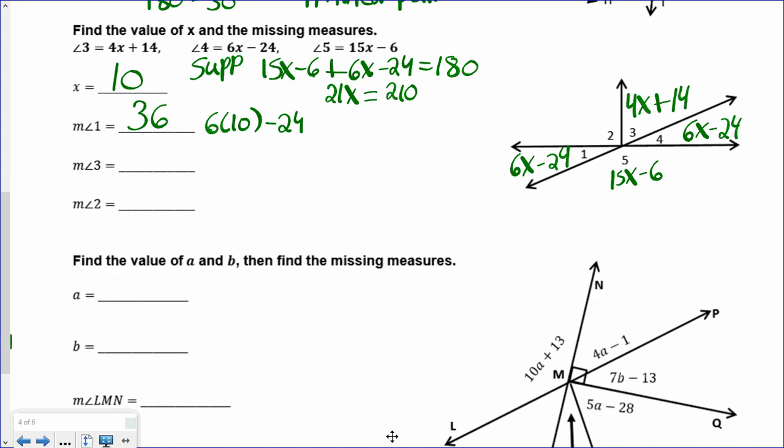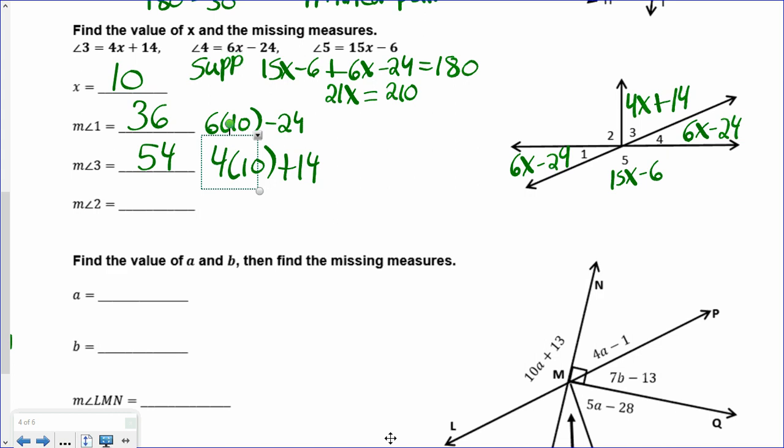What about angle 3? We have something in angle 3, so real easy. You just plug it in. 4 times 10 plus 14, that's 40 plus 14 is 54. With this information, what can you conclude now about angle 3 and angle 4? All we did to find angle 3 is plug x in.